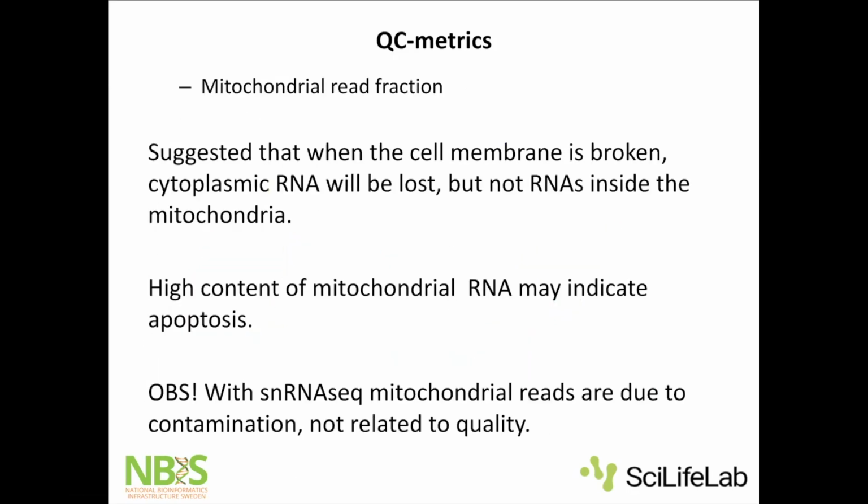Then mitochondrial read fraction is something that most people look at for filtering. There are two reasons why mitochondrial read fraction comes up. It's been suggested, I don't know if it's been proven, that when the plasma membrane breaks, a lot of RNA leaks out, but whatever RNA is in the mitochondria is more intact and not degraded and lost.